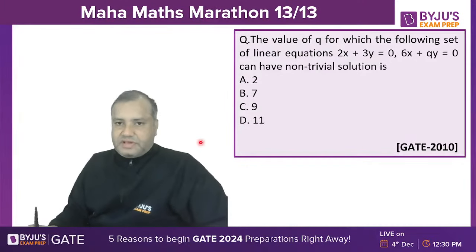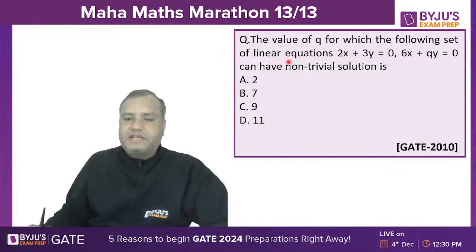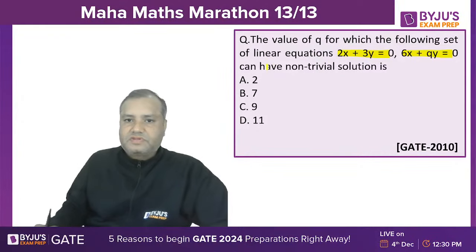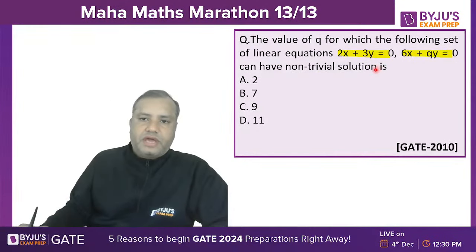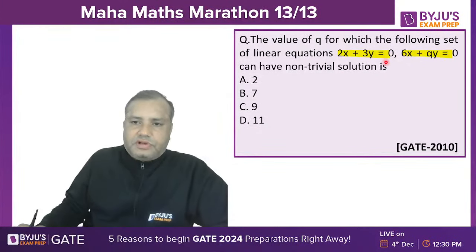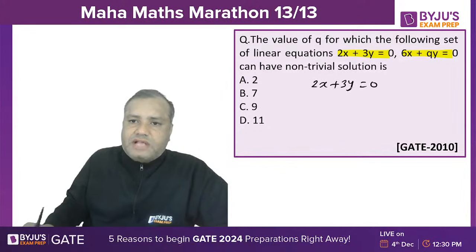See this question. The value of Q for which the following set of linear equations can have a non-trivial solution. Okay. Right hand side is 0. Everyone should answer this. This is the simplest question till now.